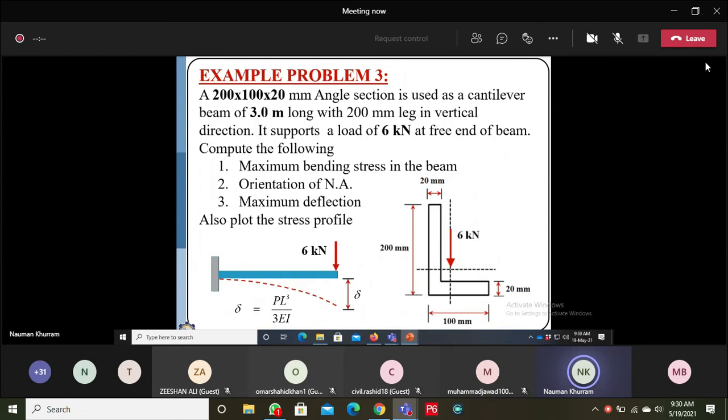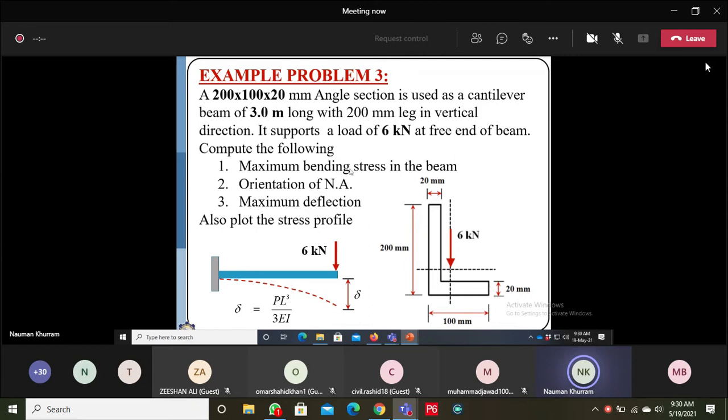plane to principal axis. In this particular problem, we have a cantilever beam of length 3 meter, subjected to a point load at the free end, and the magnitude of the load is 6 kilonewton. The beam is comprised of an angle section with longer leg dimension 200 millimeter, shorter leg 100 millimeter, and uniform thickness 20 millimeter.